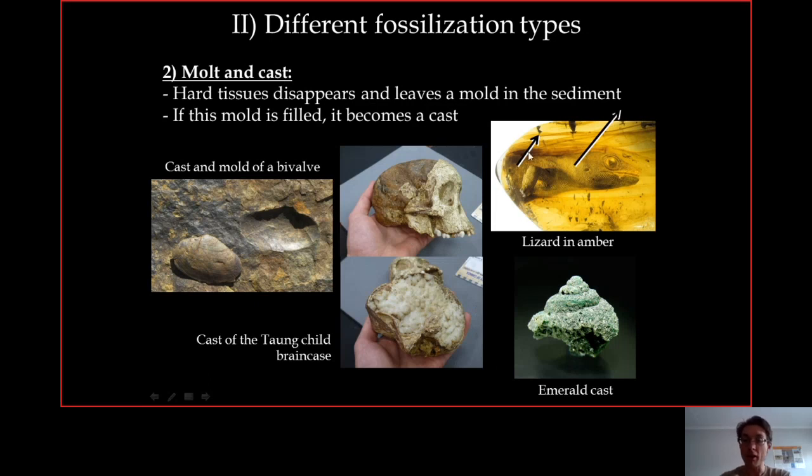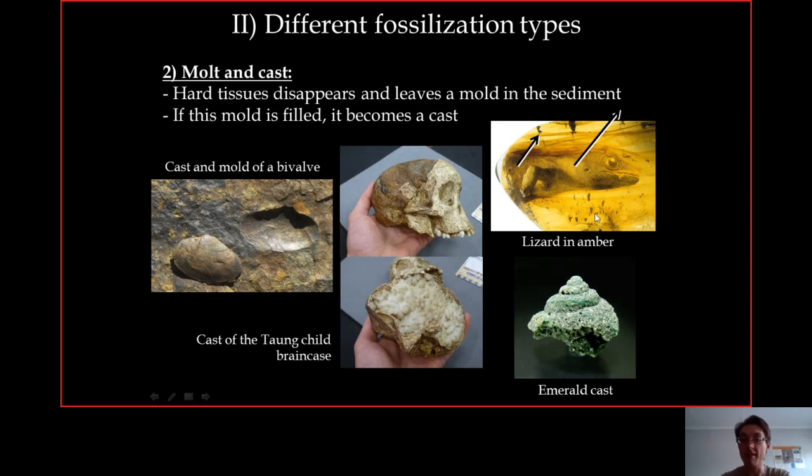Most fossils in amber are casts. So here you can see a lizard. Well, actually, there's no lizard left in that piece of amber. So amber is fossilized tree sap. It's the liquid that flows inside the tree, and this tree sap can become fossilized.